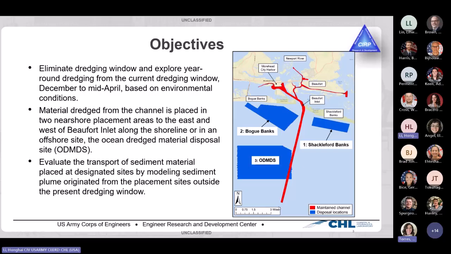And you see the channel goes all the way from the open ocean into the harbor area. To evaluate the transport of the placement material, we apply this model to simulate the sediment plume originating from these three placement sites.